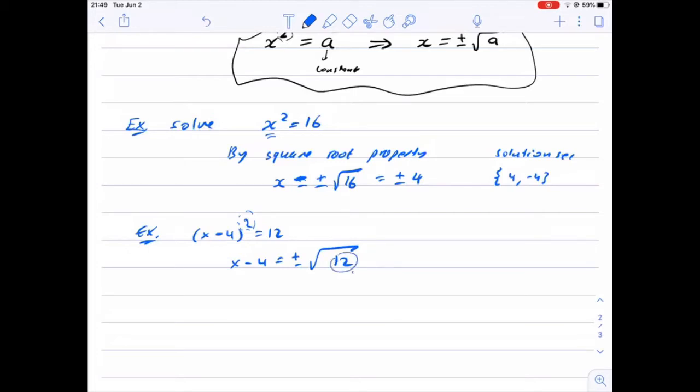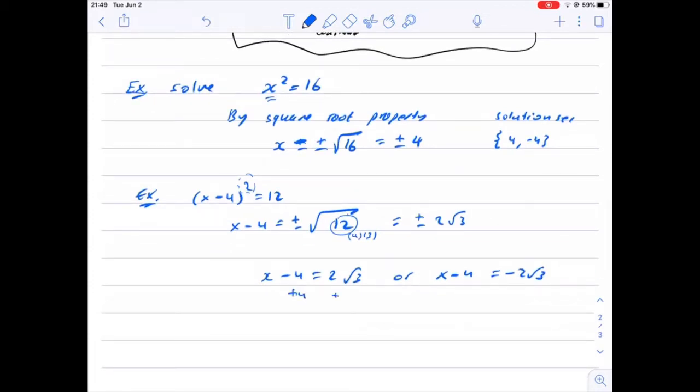And we know that 12 is 4 times 3. And then we can distribute the square root. The square root of 4 is 2. The square root of 3 is just square root 3. So we have x minus 4 equals 2 square root 3, or x minus 4 equals negative 2 square root 3. And then we solve these equations.